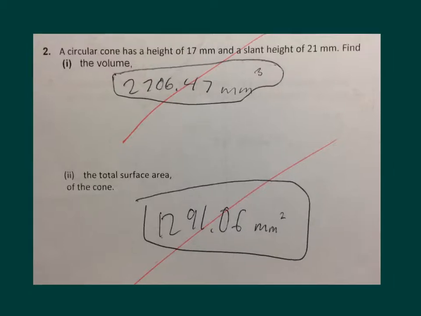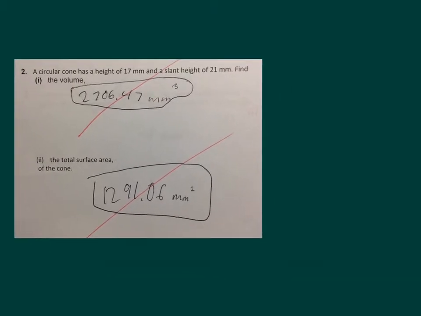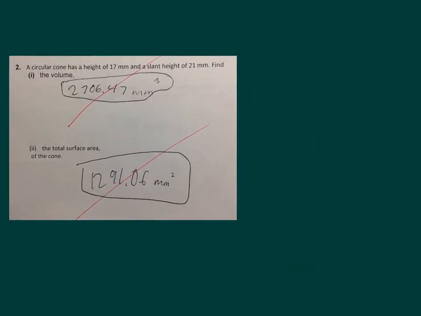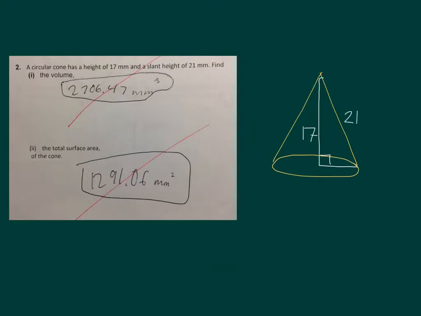I think we have to make a diagram first for the cone. So let's have the cone oriented this way. The height is 17, measured from the base, and the slant height is 21.